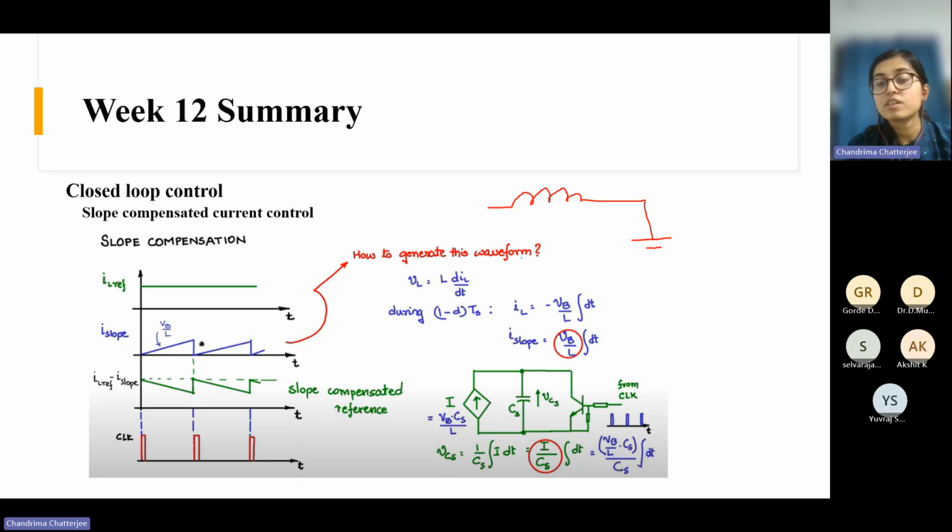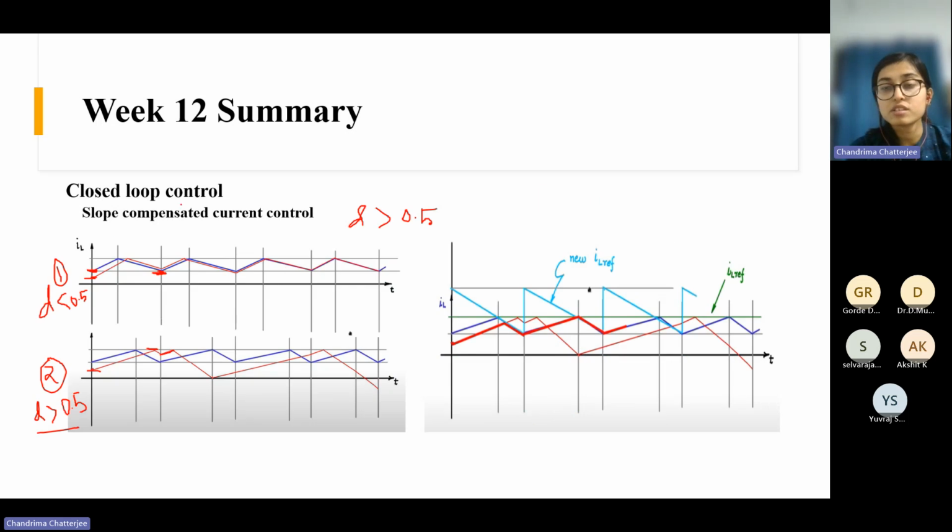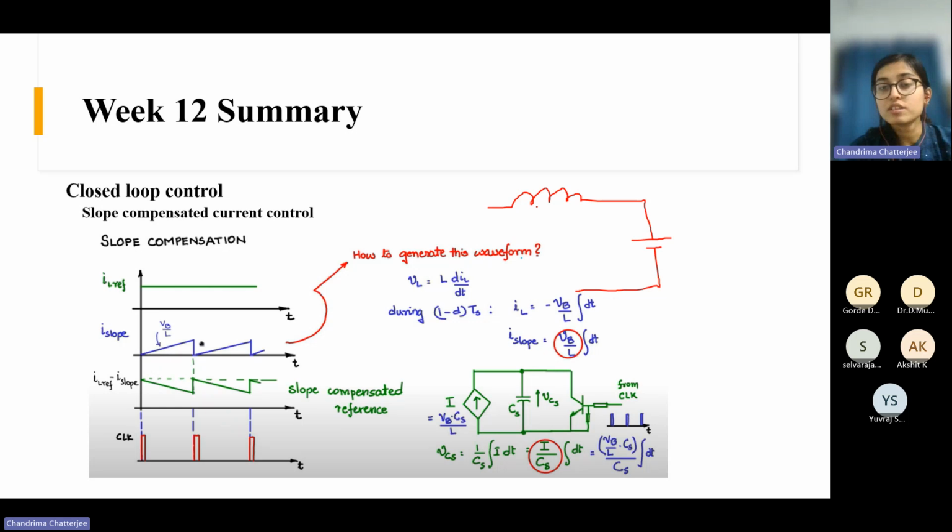When the inductor current is freewheeling, during the falling slope, the voltage across the inductor is minus V out. V out is the battery voltage here, so the slope of the inductor current is V_B by L.